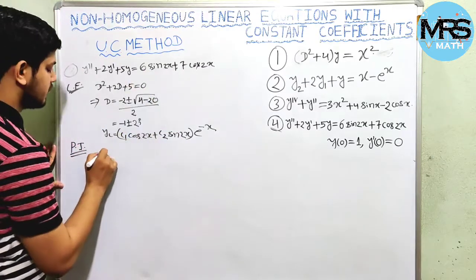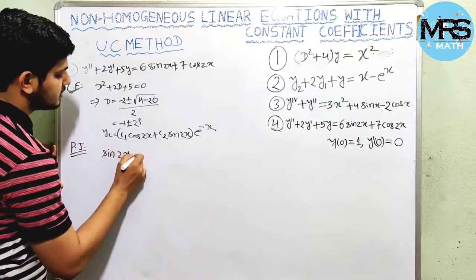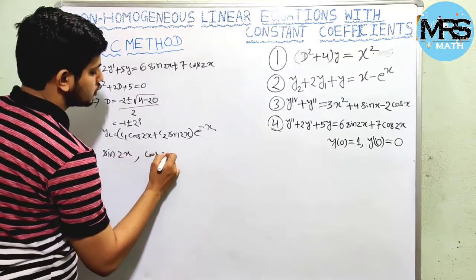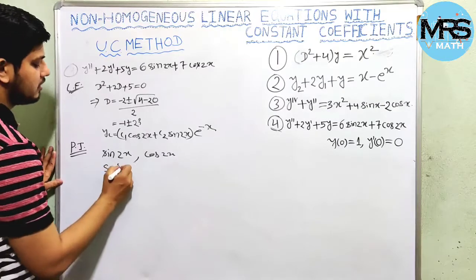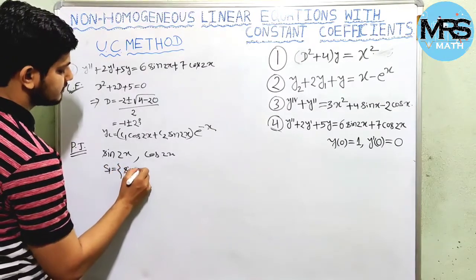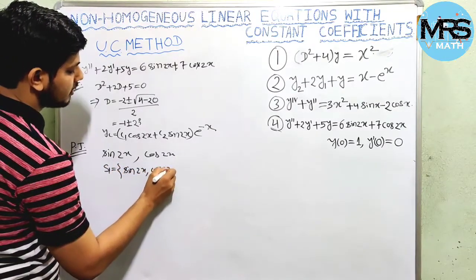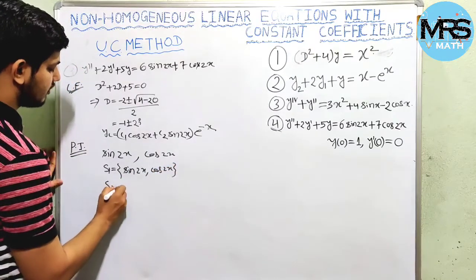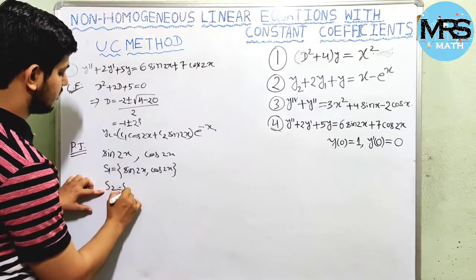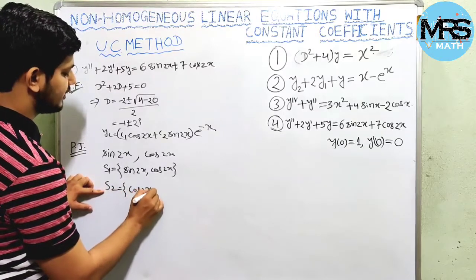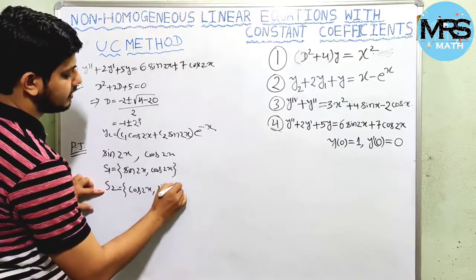So here the UC functions are sin 2x and cos 2x, okay? So the corresponding UC set will be sin 2x and cos 2x, right? And for cos 2x the corresponding UC set will be cos 2x and sin 2x, right?